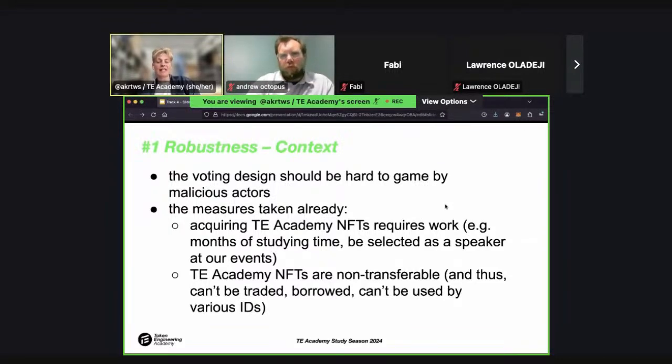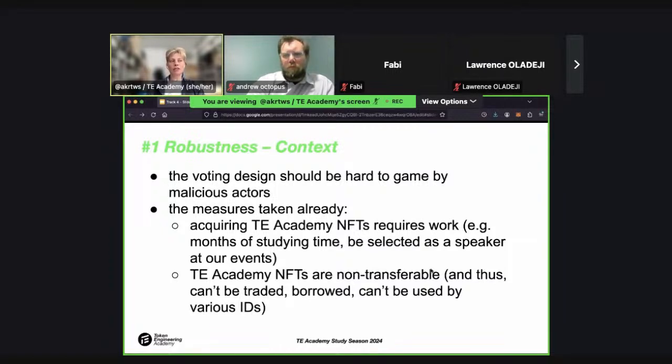The measures we have already taken, there are several: acquiring TE Academy NFTs requires work, and sometimes depends on the NFT, months of studying time, or to be selected as a speaker at our events. So it's hard to just set up a wallet and then collect NFTs randomly and take part in the voting.